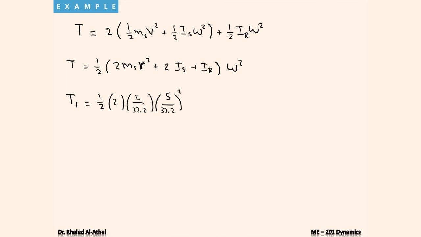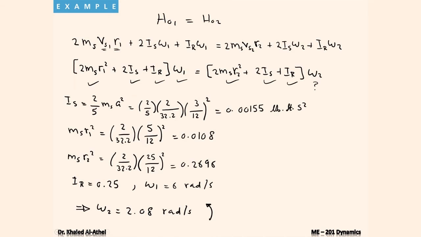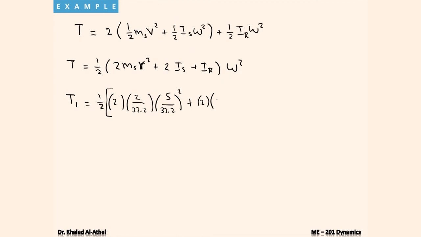Okay, plus, so this is for the whole thing, plus 2 multiplied by is, which was equal to, remember, we calculate as 0.00155, so plus 0.00155 plus Ir, which is 0.25.